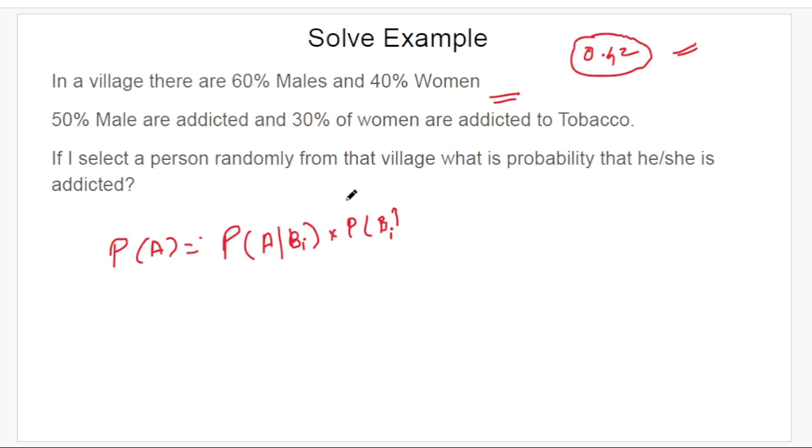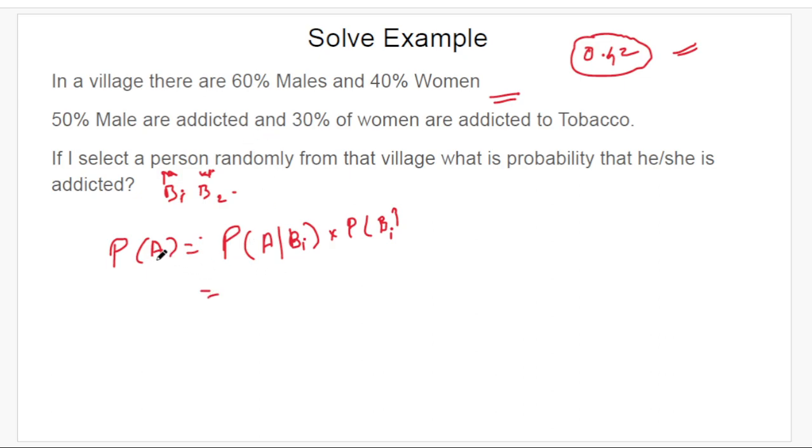So I told you last time also that instead of events A, B, C, D, we say events B1, B2, B3, B4. So Maharashtra will be B1, West Bengal will be B2. So all of these B1, B2 we will calculate, so that I will again plug these values here.